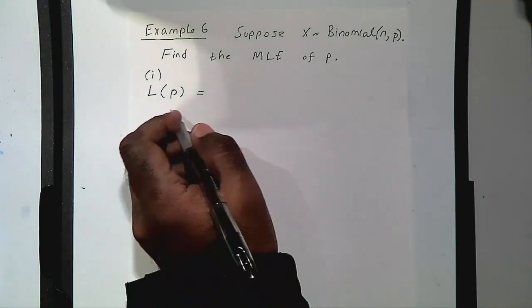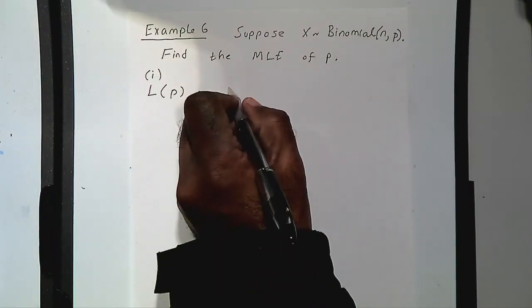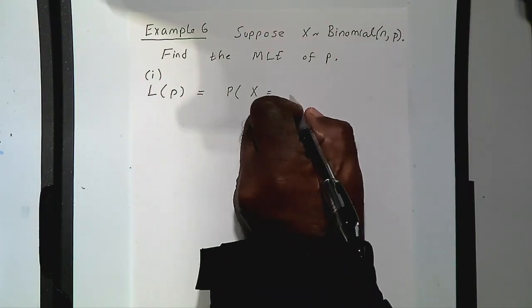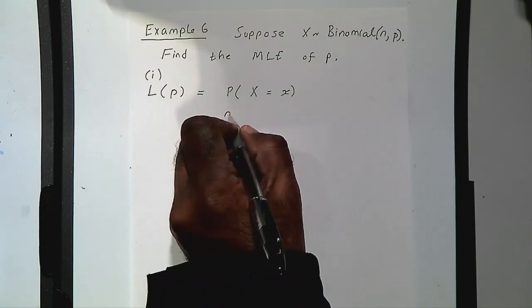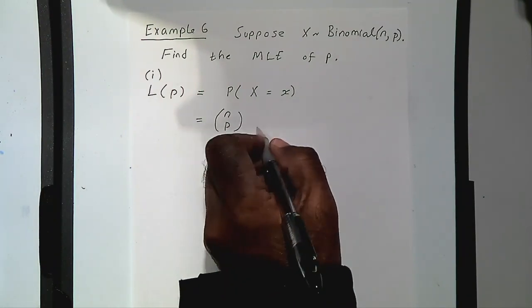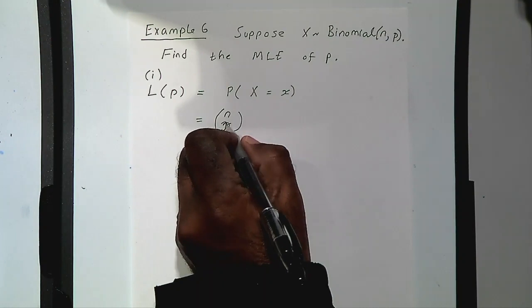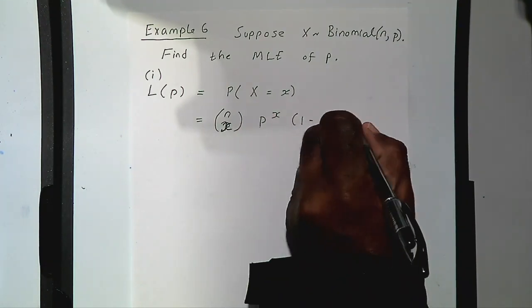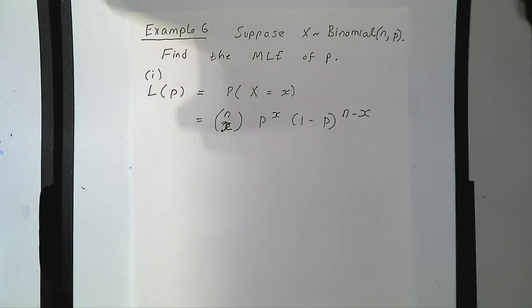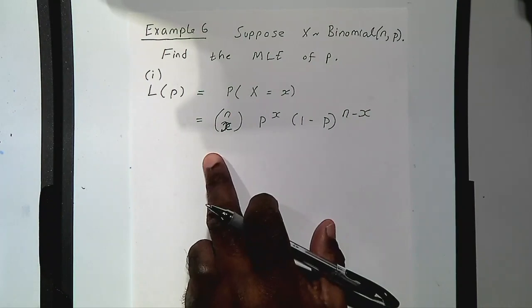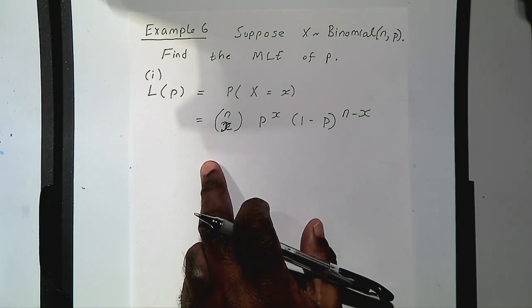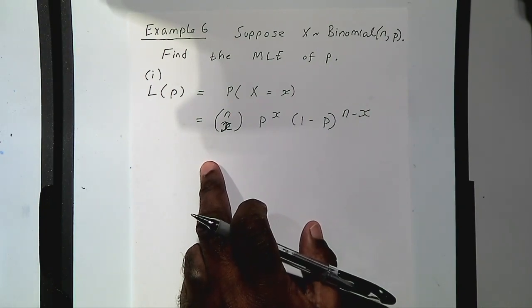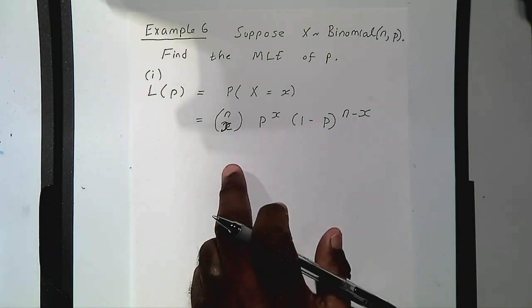So this is simply the probability that X equals little x, which is n choose x, p to the power x, 1 minus p. I'm sure all of you know this. This is the probability mass function of the binomial. Here we do not have a product sign because we only have one data point. When you have one data point, the likelihood is the same as the PDF or, in this case, the PMF.